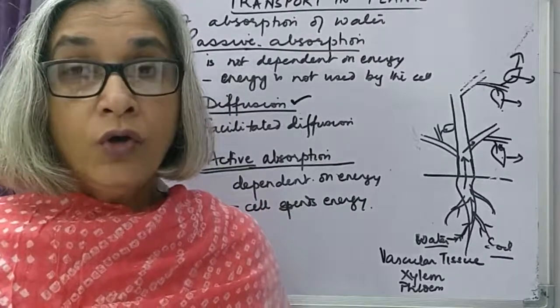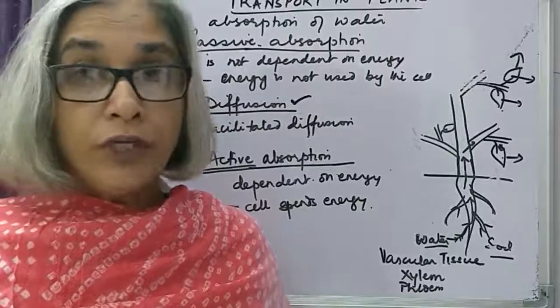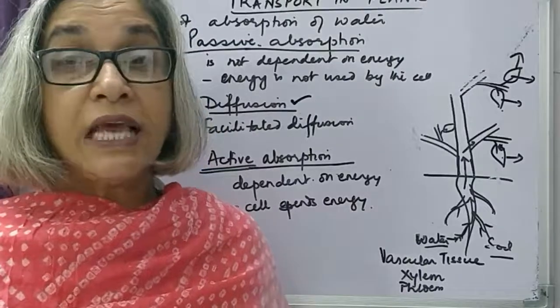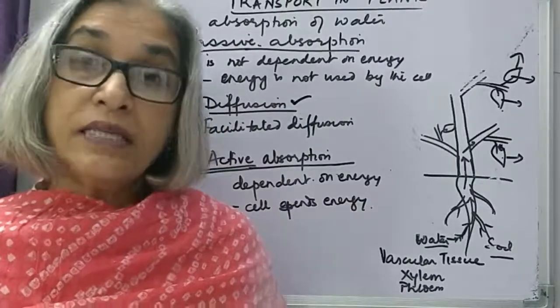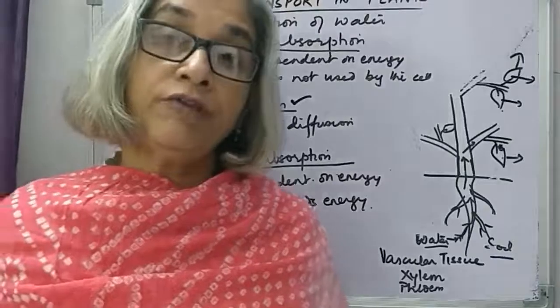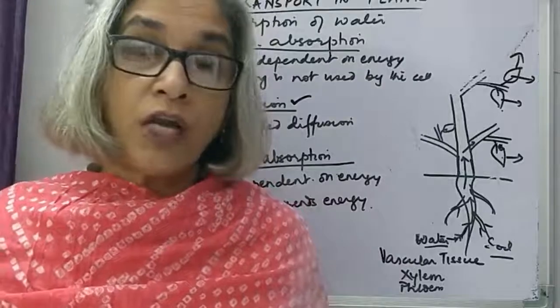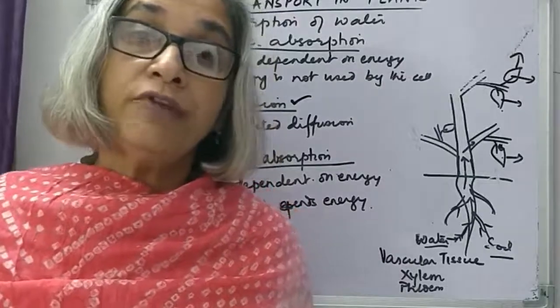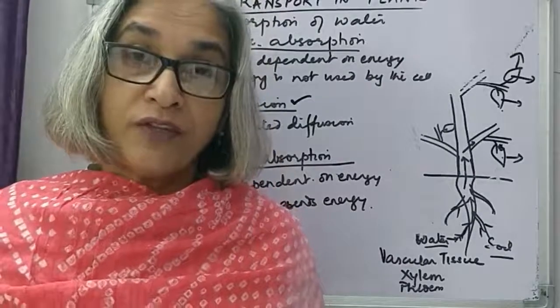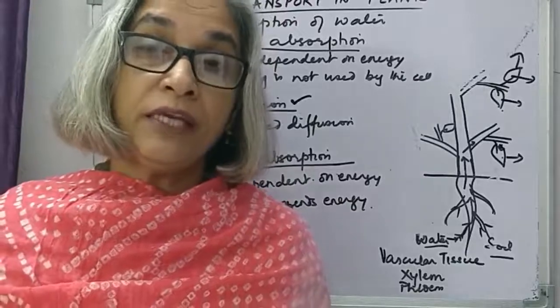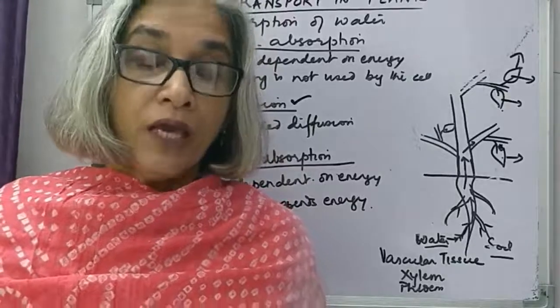We know the cell wall is fully permeable in nature, whereas the cell membrane is a semi-permeable membrane, or a differentially permeable membrane, and it does not allow the passage of everything through it. So that is why we say semi-permeable in nature.